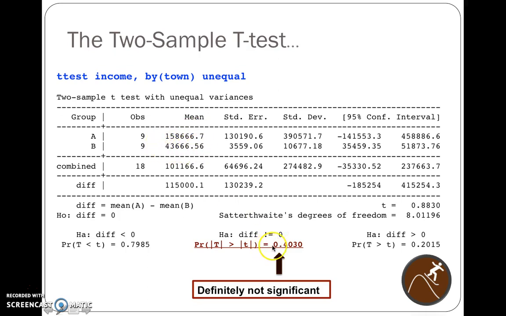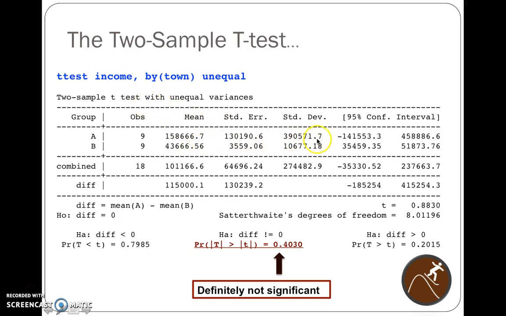And we go down and look at the p-value for whether or not they're statistically different. The p-value is 0.4030, which is higher than 0.05. So there's no statistically significant difference between Group A and Group B. Despite the fact that Group A's average looks so much higher, the t-test shows there's no statistically significant difference between the two.